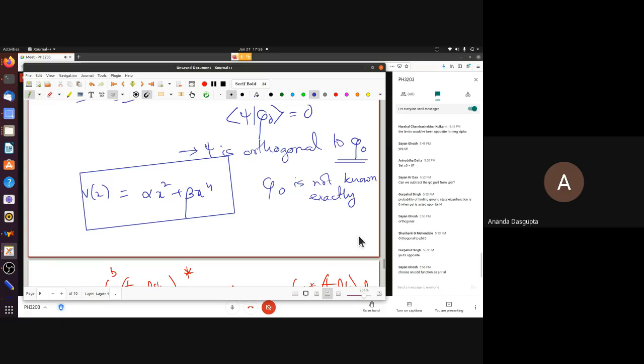And the answer is, if you have not chosen your family of wave functions wisely, you will end up at a very, very high energy, way beyond E0. So this is a bit of art as well as science. Well, it's more science than art really, but you can't just start blindly and choose a family of wave functions. You have to use whatever you know about the system and what kind of wave functions a system like this should have.